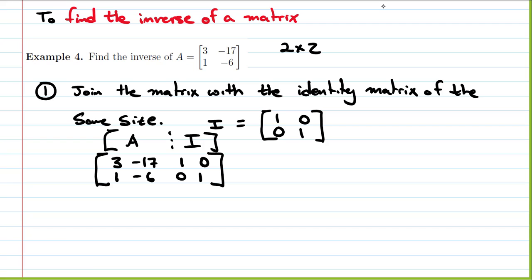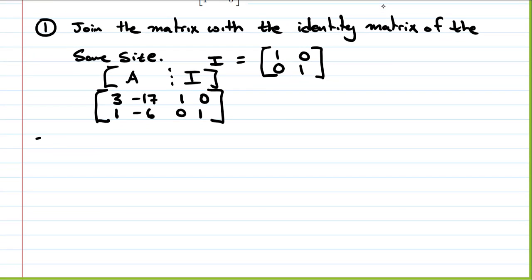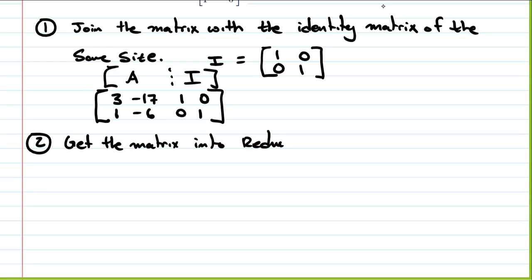So then what we're going to need to do, step 2, is get the matrix into reduced row echelon form.